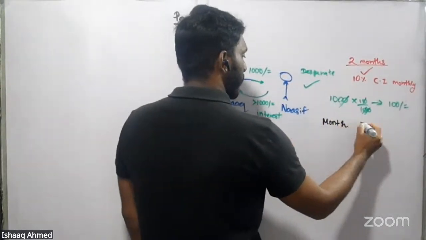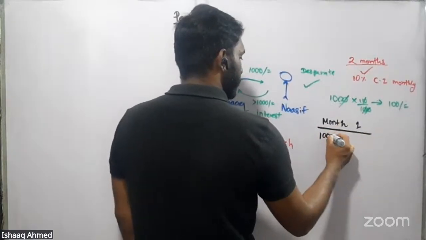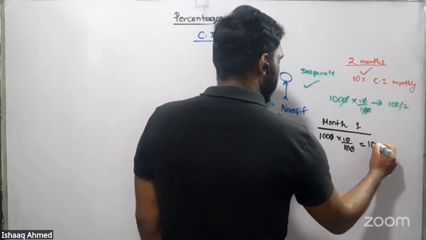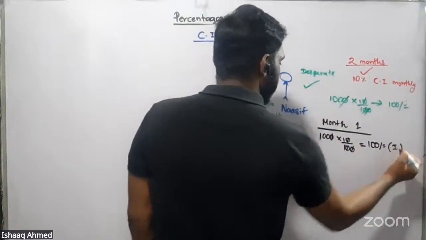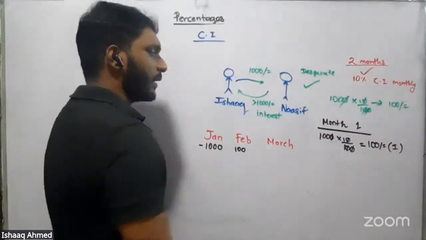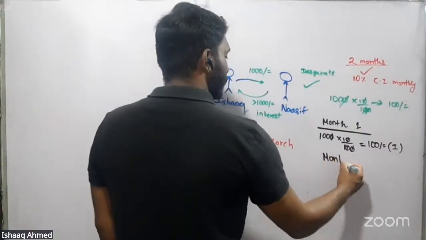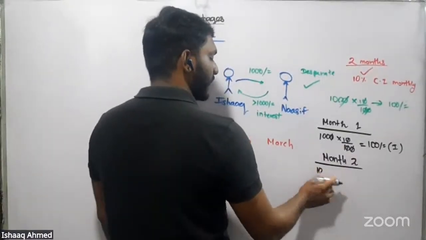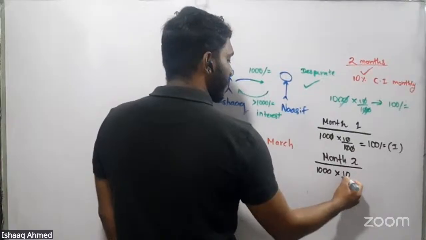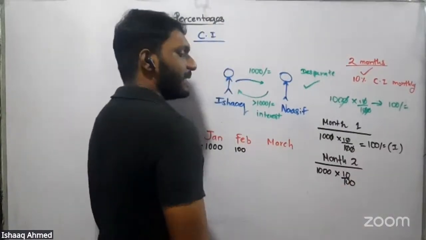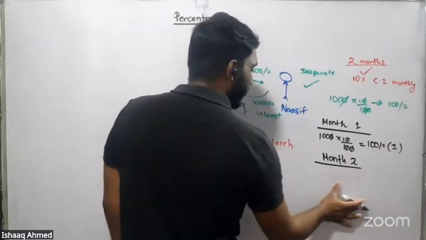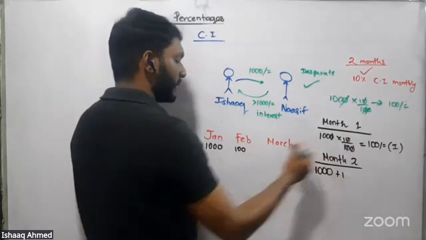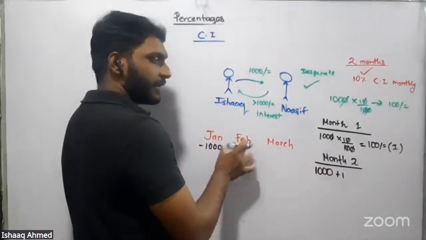Month 1: 1,000 into 10 over 100 equals 100 rupees. This is the interest for the first month. Now, when we come to month 2, here 10% is calculated, right? But that 10% is not calculated for 1,000, otherwise it will be simple interest. The 10% is calculated for the money he already owes me, 1,000, plus the new interest, the first month's interest of 100.